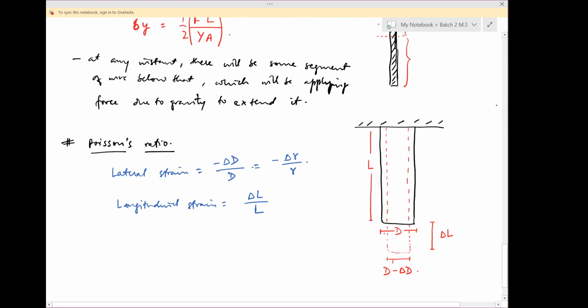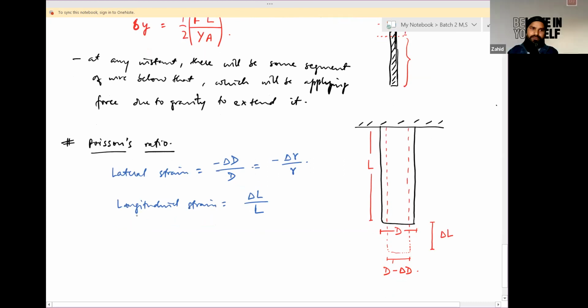Now, if you take the ratio of these two deformations produced in this wire, this ratio is called Poisson's ratio, defined by sigma.